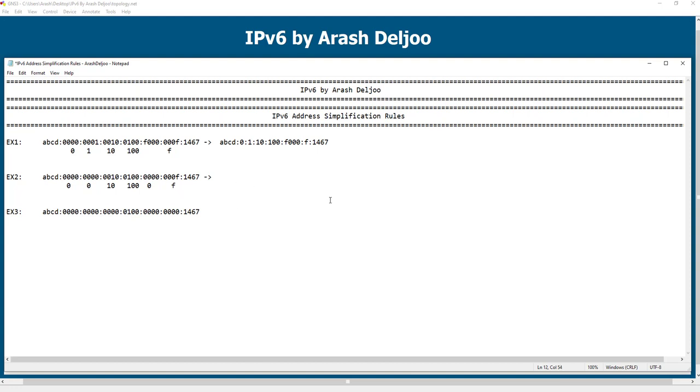Finally the result is ABCD, colon 0, colon 0, 10, 100, then 0, then F, then 1467. This is the result. As you can see here, we have two hex states, and these two hex states' values are 0. With the second rule, we can compress these two hex states.